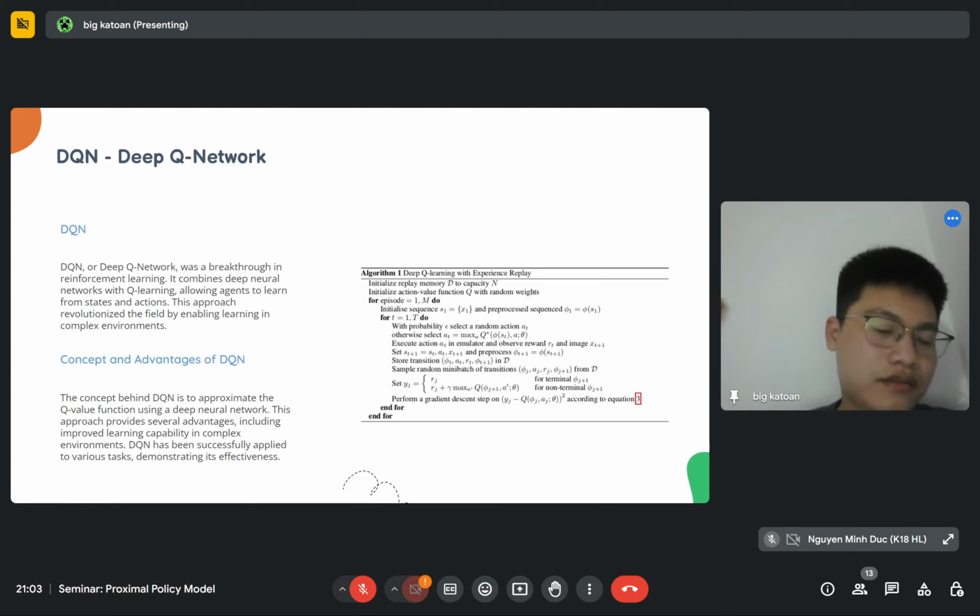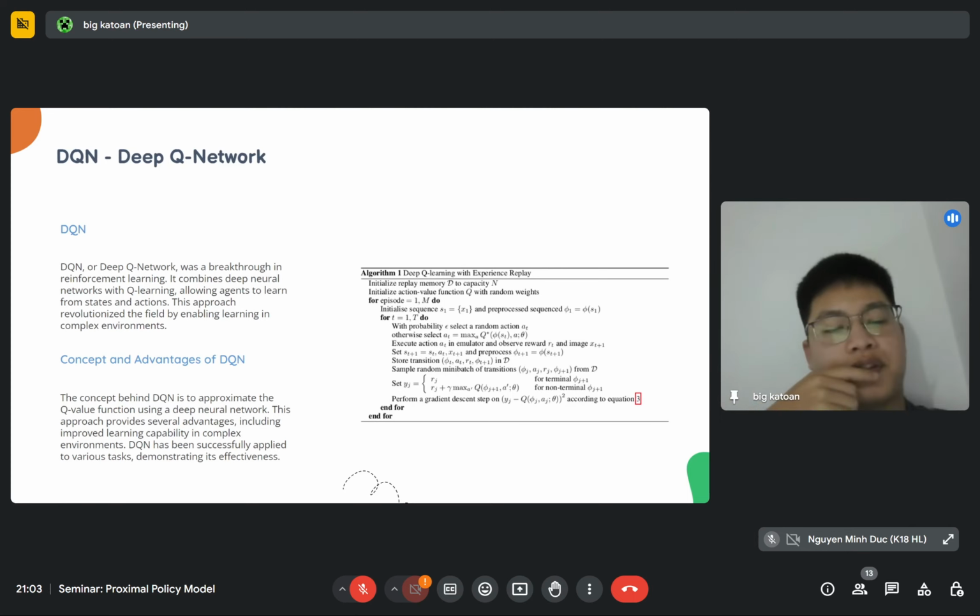This algorithm allows an agent to learn from state and action. This approach revolutionized the field by enabling learning in complex environments.